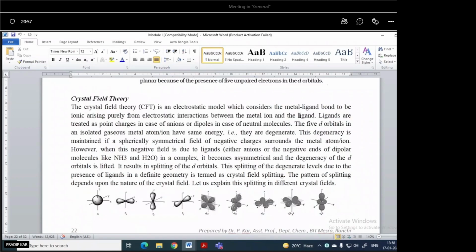So before going to explain crystal field theory, we must have an idea about the electron cloud present around the nucleus in the different orbitals. The s orbital is spherical in shape. I think you have an idea about the Schrodinger wave equation.